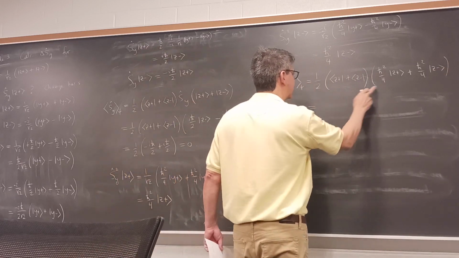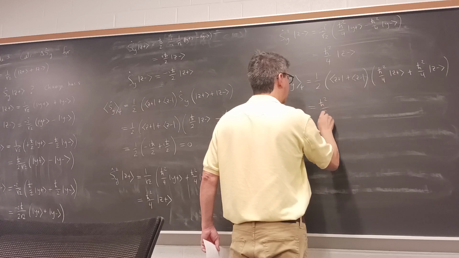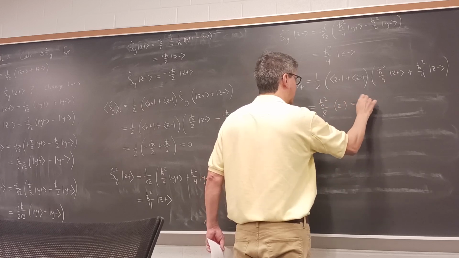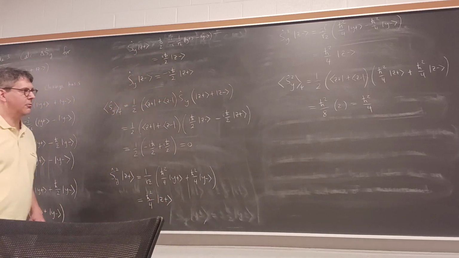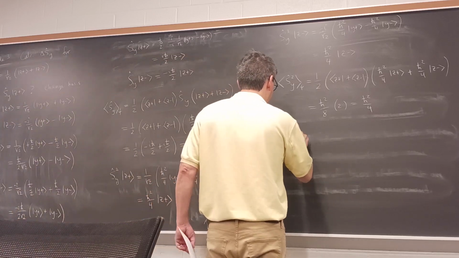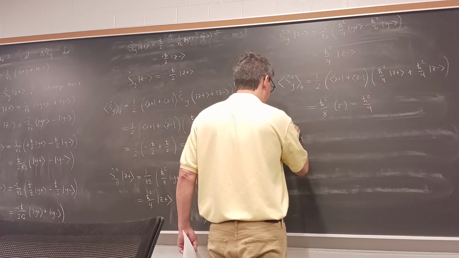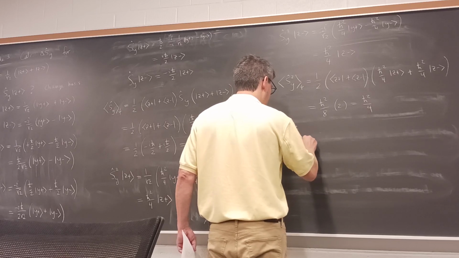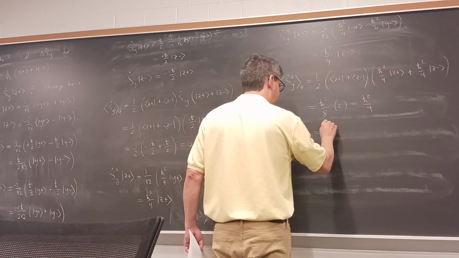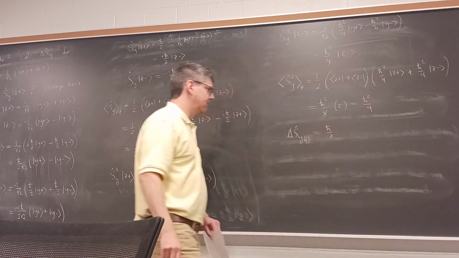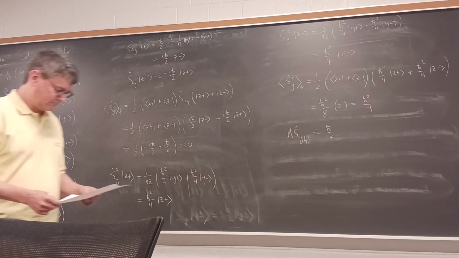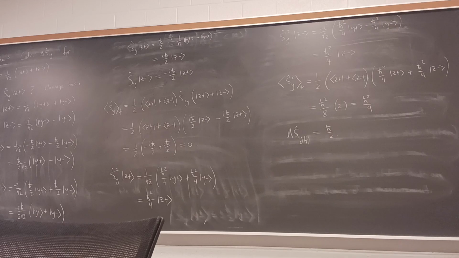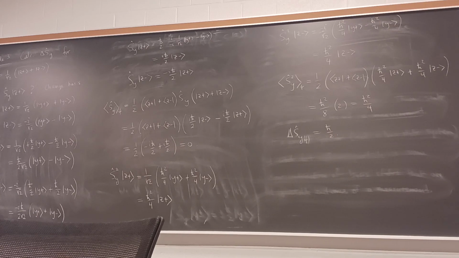And then this will give us h bar squared over 8 times 2, which is h bar squared over 4. Okay, so then the delta S_y in the state psi is just h bar over 2 in this particular state. Okay, is everybody comfortable with that? I think so.